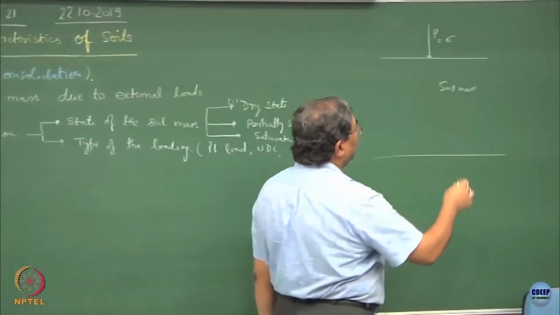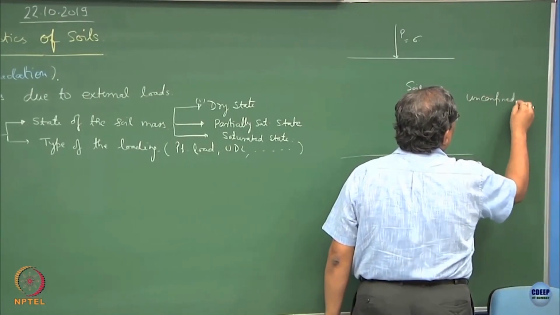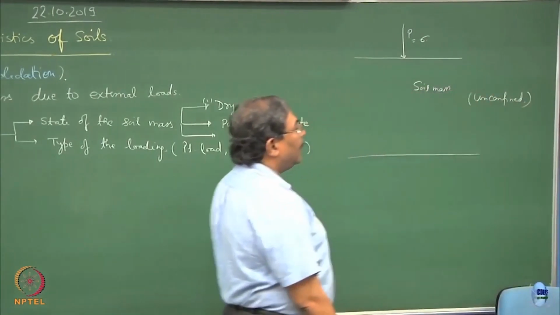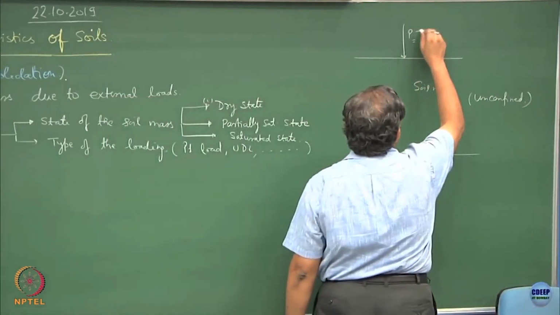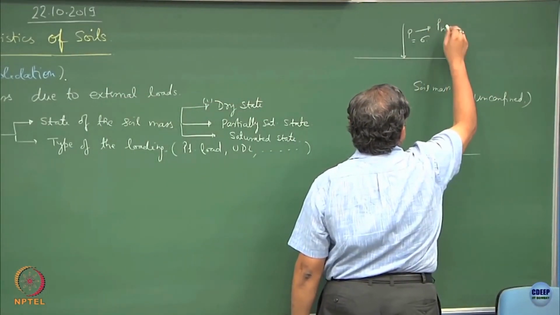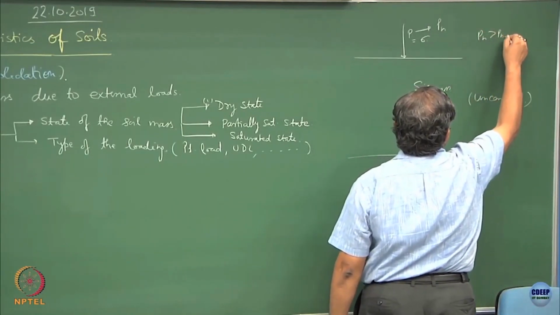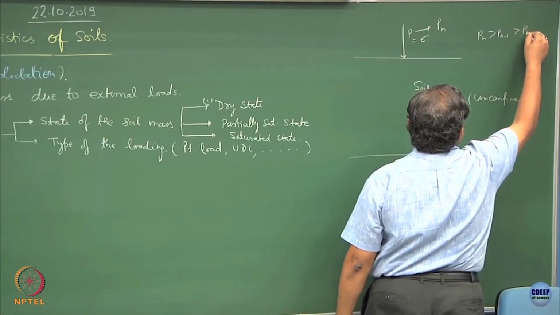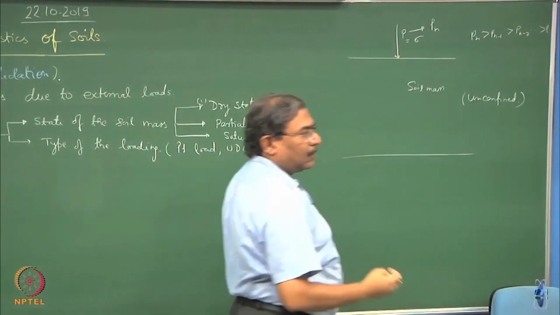So, this is the unconfined soil mass. If I keep on increasing the intensity of the load, say from P to Pn, where Pn is greater than Pn minus 1, is greater than Pn minus 2, is greater than P, what is going to happen?